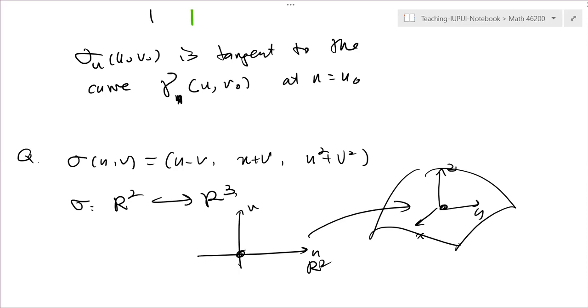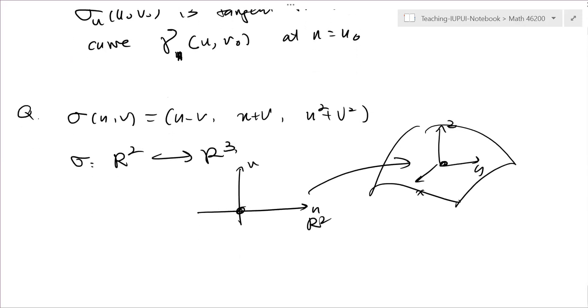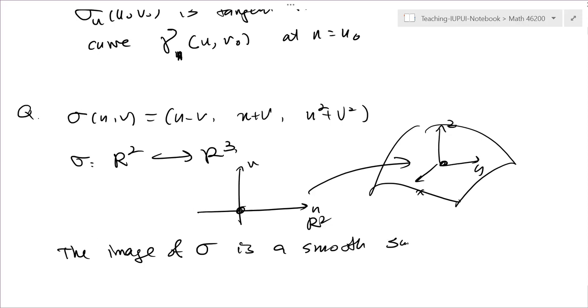All right, first of all, I want to make sure this is indeed a surface. We have one single map, so I should say the image of sigma is a small surface.